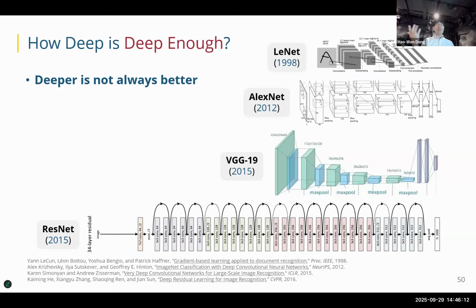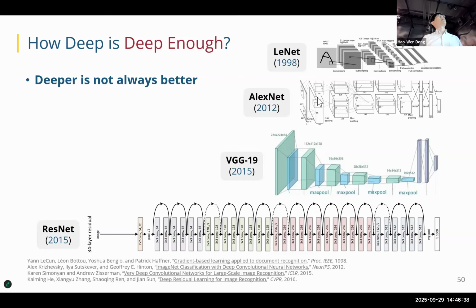Deeper is not always better, but if you look at the progress of how things work, in 1998 there were 7 layers. This is LeNet, Yann LeCun's convolutional neural network. This is how they got the Nobel Prize.